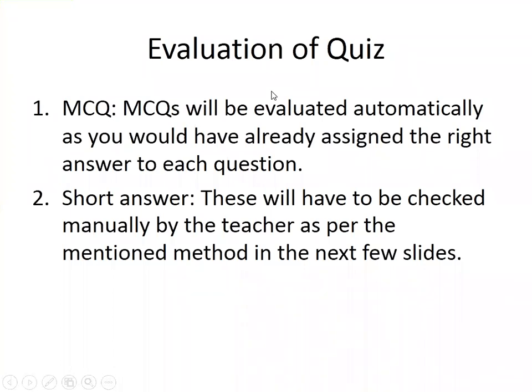After the students have given the quiz, the next important task for us is to evaluate the quiz. MCQs will be evaluated automatically as we have already given the right answer for each question, while short answers have to be checked manually.